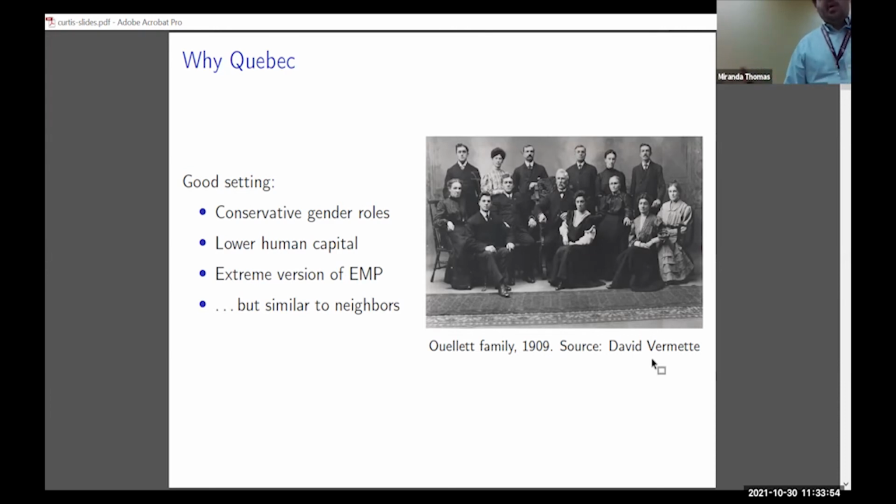So women are very restricted in their economic role, especially in terms of formal employment for wages. So we expect assortment to only start mattering strongly when women have formal employment in the market and earn an income. We'd expect to not find it in Quebec during this period. Otherwise, it's very similar to its North American neighbors. So it's an interesting test case.